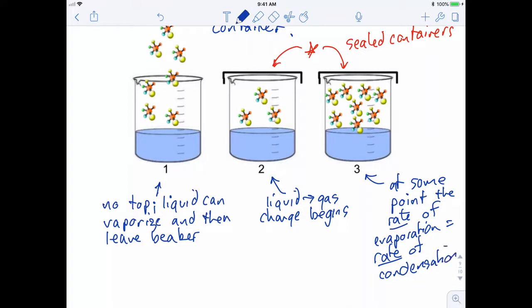And so you just get a lot more gas particles above the liquid. If you measure this pressure, this would be the vapor pressure. So the vapor pressure is the pressure of a gas above its liquid in a sealed container.